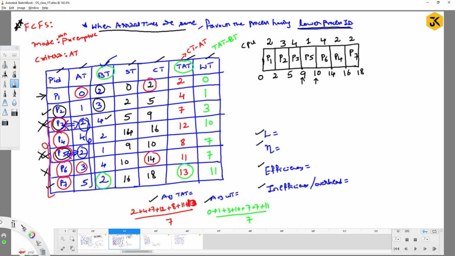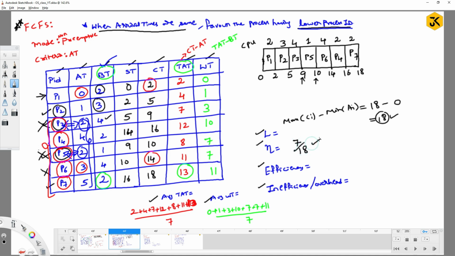Schedule length is the maximum completion time of all processes minus the minimum arrival time of all processes. That is 18 minus 0, so you will get 18 as the schedule length. Throughput is the total number of processes, 7, divided by 18.